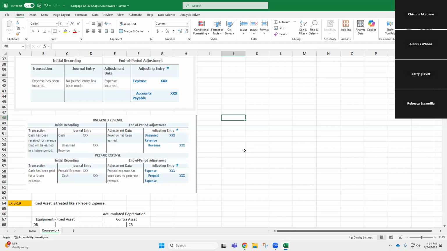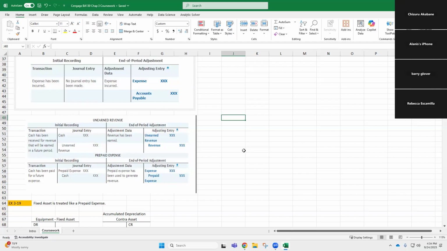The entry is going to be that when we earn it, we will lower the unearned revenue. And when that concert happens or the time passes, whatever it takes, then we're going to move it out of the unearned revenue and move it into the revenue account.